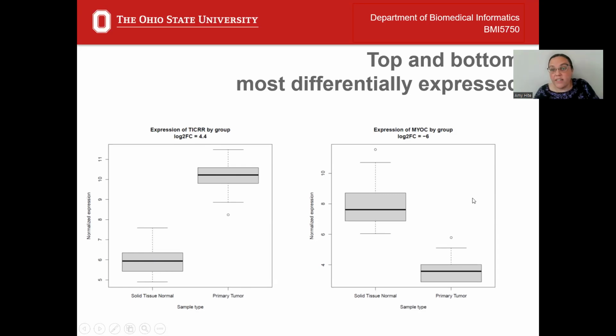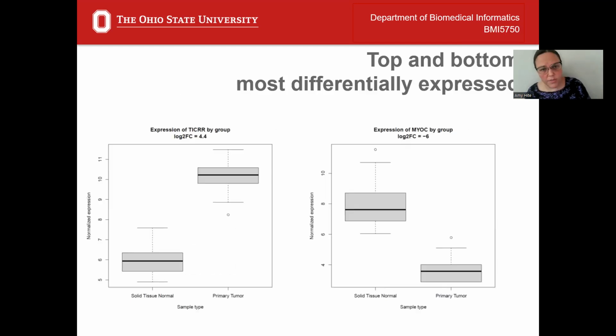And then on the other end, I found the gene with the largest negative fold change, and it was MYOC. This gene had a higher expression in my normal sample and a lower expression in my tumor sample. And so this tells me I set up my groups correctly. The tumor is the positive side, the normal is the negative side.